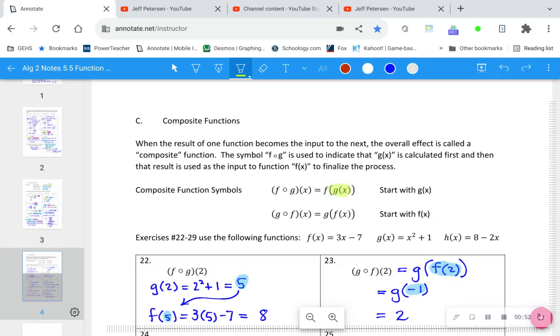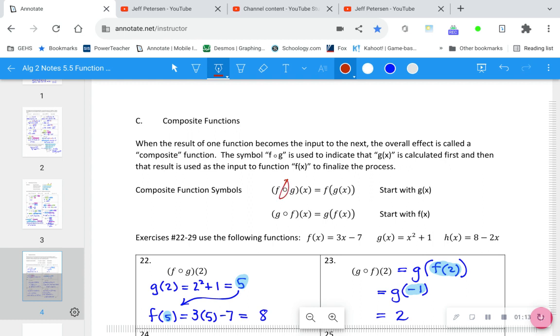What is important in this notation is to know that you do the second one, or the inside one, first. Now you've had experience with this double nesting version where you put something inside parentheses, and you start from the inside and work your way outwards.